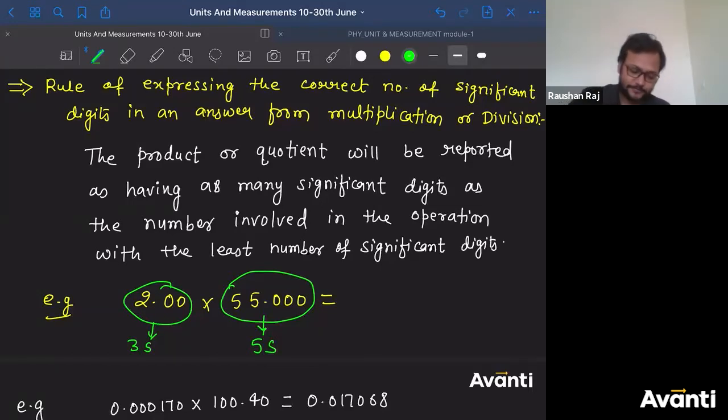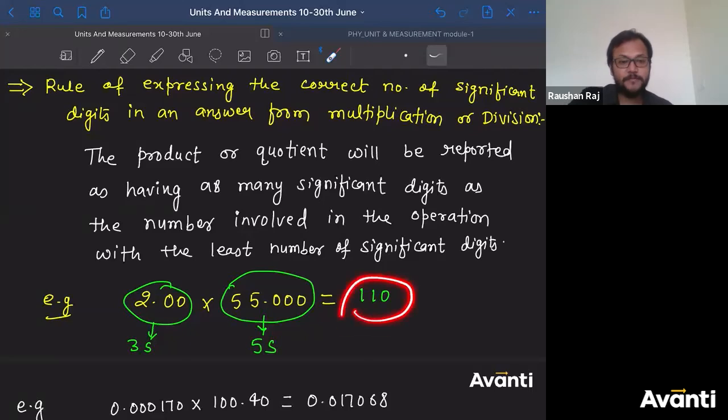Now here the trick will come, look. So what should I write? 110. If I write only 110, what is the number of significant digits here? It will have only 2 significant digits. So how can I write? If I put a decimal here, I have to write something after the decimal. So if I write 0, now how many significant digits are there? 4.